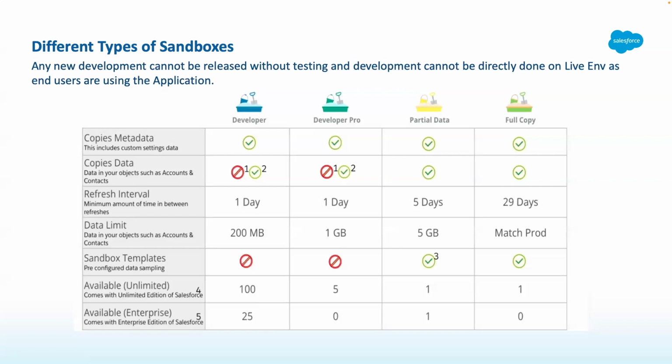The first one is your data, records: employee records, your students' records, the interview details, interviewer details, company details, contact details, everything. This is all data, the records that you create in Salesforce. Now, when you clone, it will also need the data.